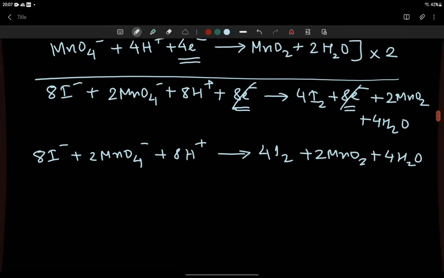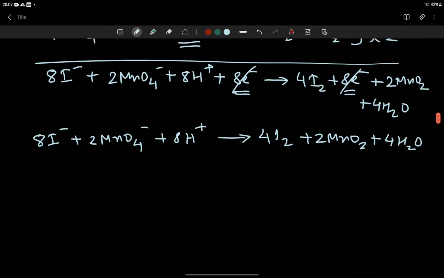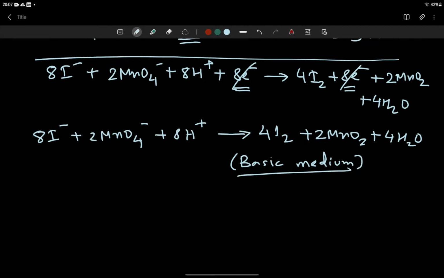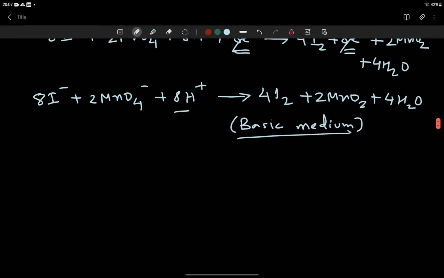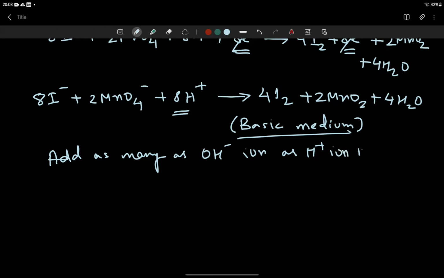Okay, now students, just see, as I said that it is a basic medium. So in basic medium the H plus ions cannot be seen. Now what to do? As many H plus ions as you have, add as many OH minus ions to both sides of the equation.